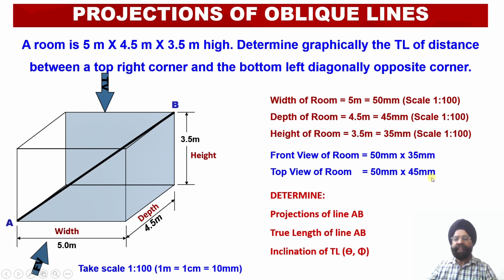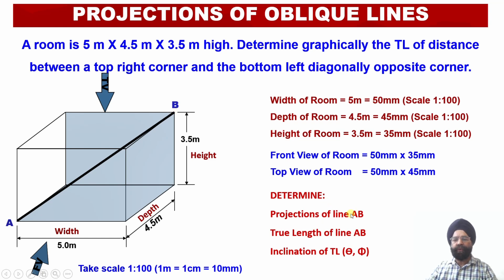And using this particular information, we are required to draw the projections of the line AB, that is the front view A dash, B dash, and similarly the top view of the string, that is AB.